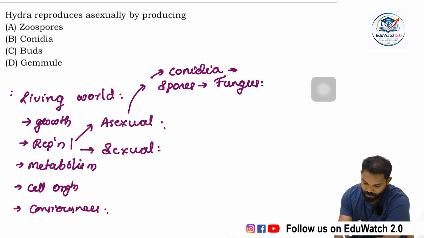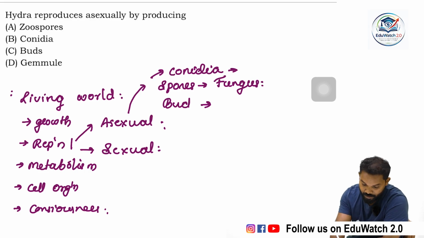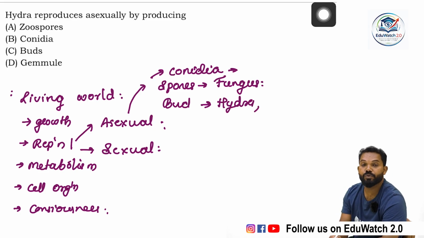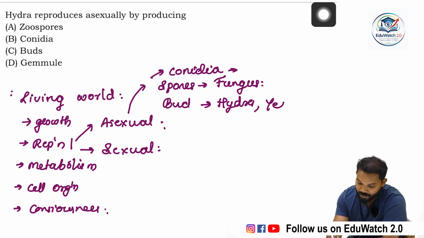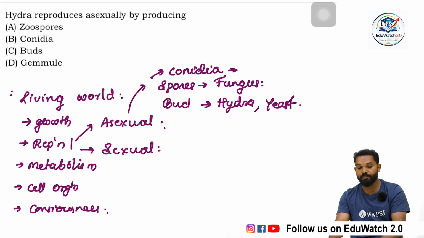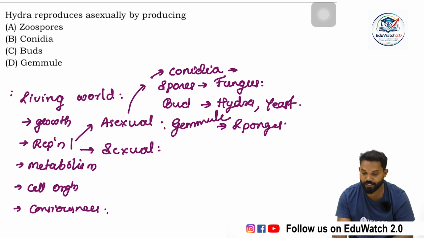The next type of asexual reproduction is bud formation, budding. The organism which produces buds is hydra, and also the unicellular fungus, yeast. The main mode of asexual reproduction is budding in the case of yeast and hydra. Then sponges, their main reproduction method is gemmule formation.